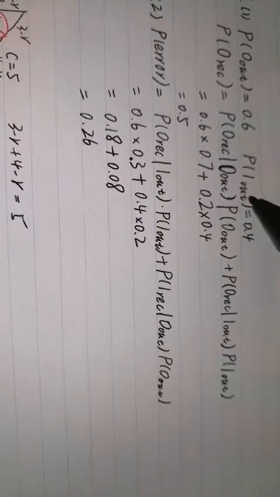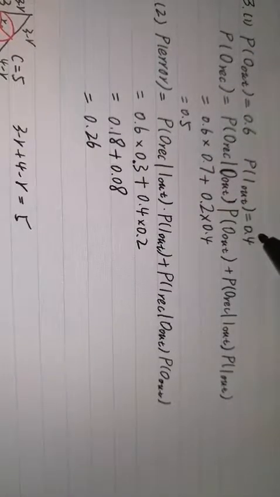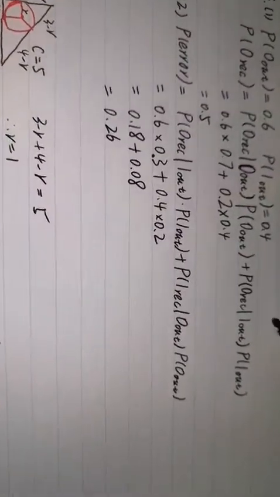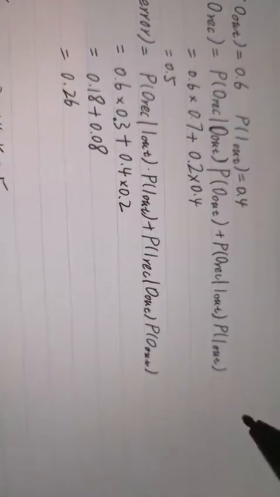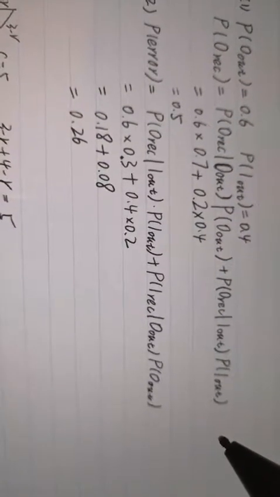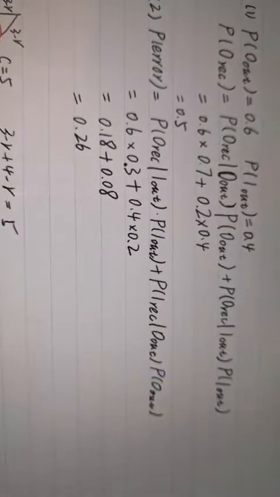And also we need to multiply with the probability of the output data being 0. And this is the probability when output data is 1 and the received data is 0, and we need to multiply with the probability of output data being 1.